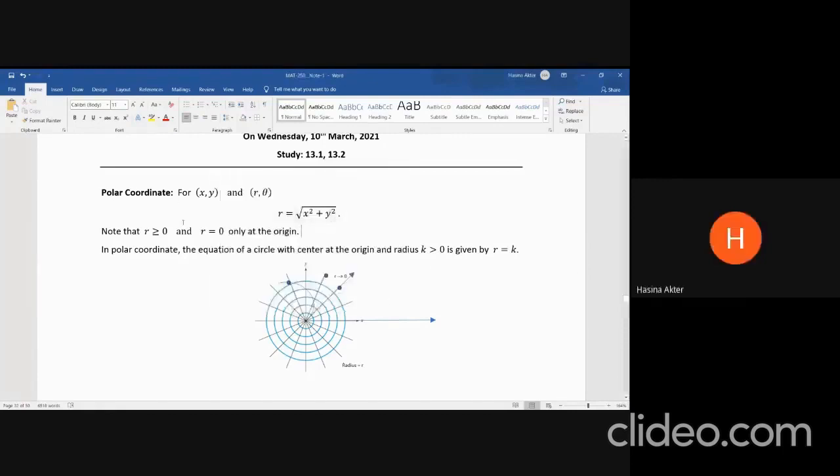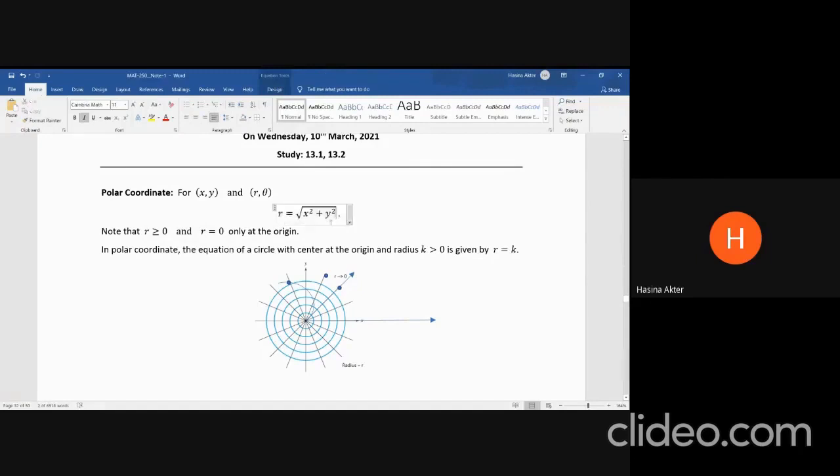So when we use polar coordinates to find the limit, we will control r, because by the definition of polar coordinates, if (x, y) is the rectangular coordinate of the point, then r is given by the square root of x squared plus y squared.